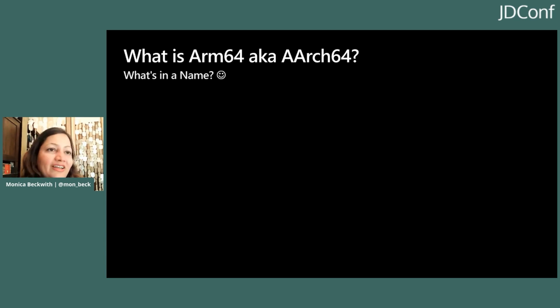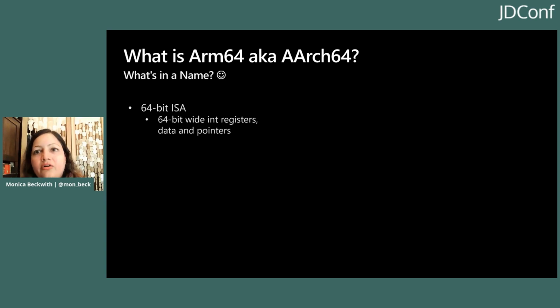It's Windows on ARM, and then we talk about ARM64 as the architecture, the ISA. So of course, when we talk about 64-bit, that's the ISA that we're talking about, which means that we have integer registers that are 64-bit wide, our data is 64-bit wide, and our pointer is 64-bit wide as well.